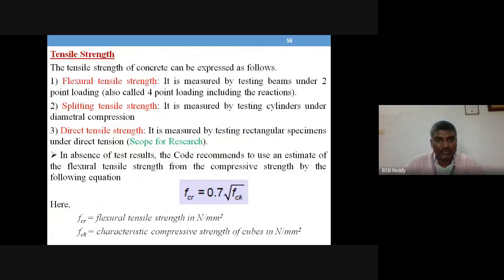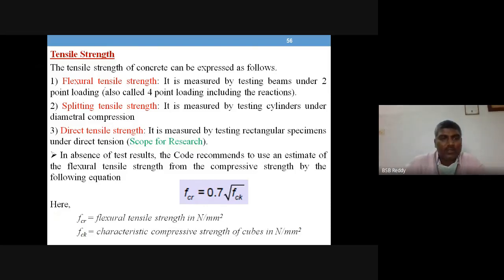Next, going for the tensile strength of the concrete. Generally, tensile strength of the concrete is negligible, a very minimum value. And if we say concrete is weak in tension, okay. So let us see what is tensile strength of concrete.